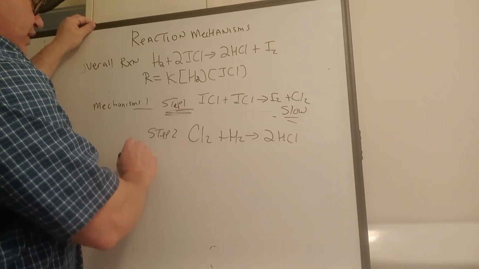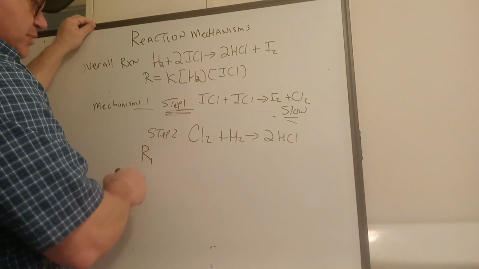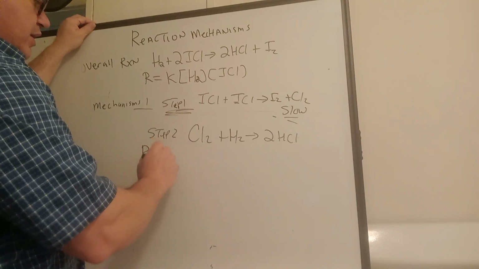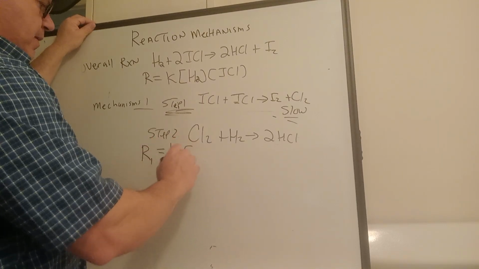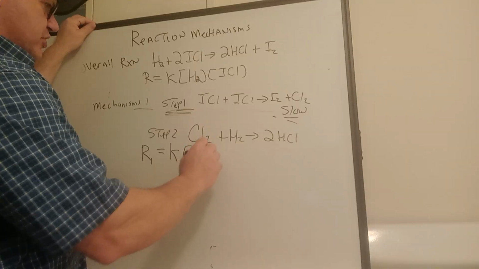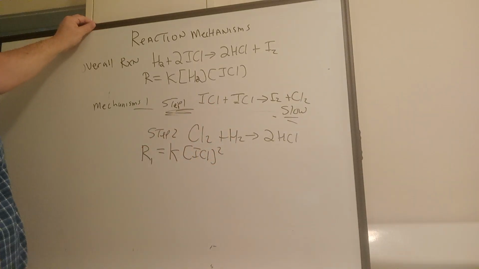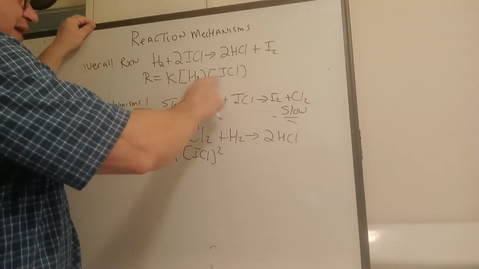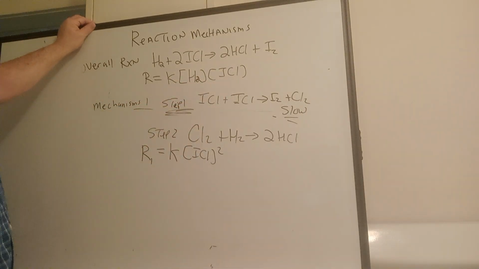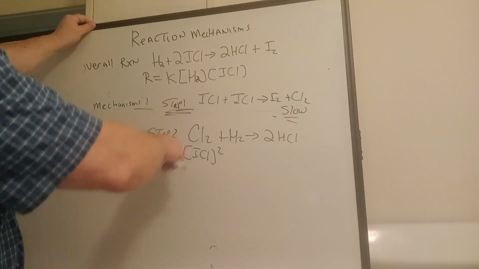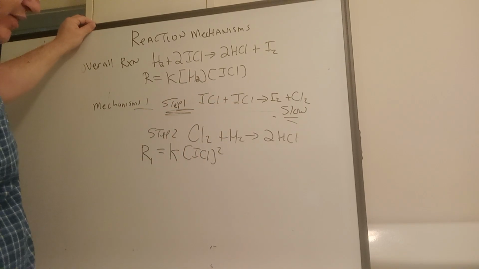So when we write the rate law for step 1, I'm just putting a little subscript here to tell me it's from step 1. It's going to be k[ICl]^2, because you can think of it as two ICls coming together. Although it is second order, it's not the same type of second order. So again, I'm using the property that when you have elementary steps you can write rate laws directly.